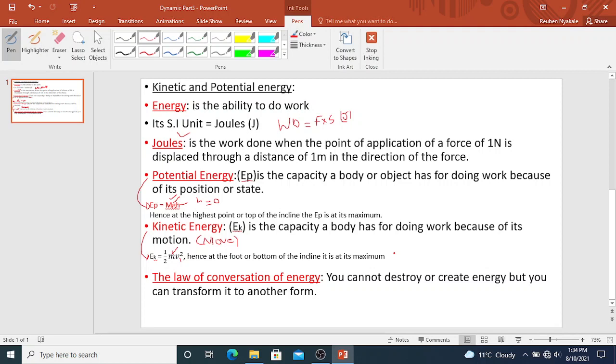Now remember, when we were dealing with vertical motion, the vertical projection and the horizontal projection, we set the initial velocity at the foot of the incline or at the hands of the thrower. Do you still remember that? We set the initial velocity at the hand of the thrower.